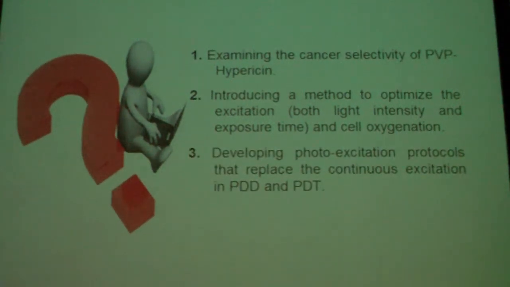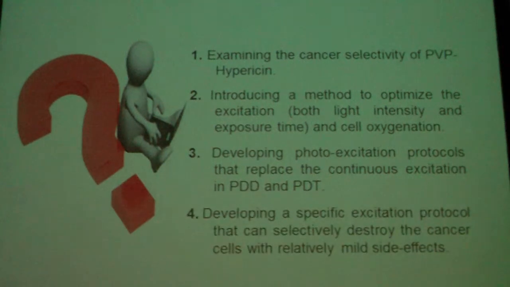Third is developing a photoexcitation protocol that can replace the continuous excitation in the technique. And fourth is developing a specific excitation protocol that can selectively destroy the cancer with relatively mild side effects on the normal cells.